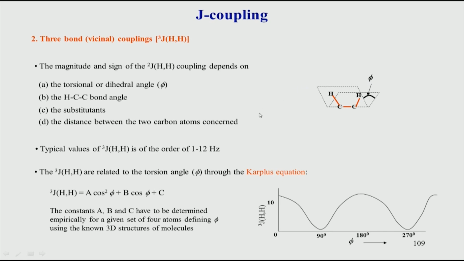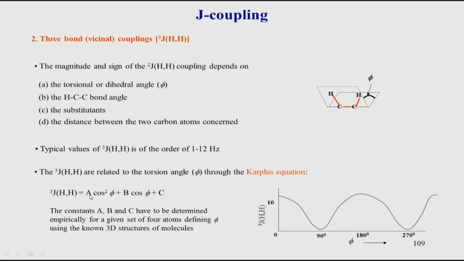So, there is a very famous equation known as the Karplus equation, which shows how the 3 bond J value is related to the torsion angle. This is typically the equation: A cos square theta plus B cos theta plus C, and here the values A and B depend on the type of J value you are looking at.